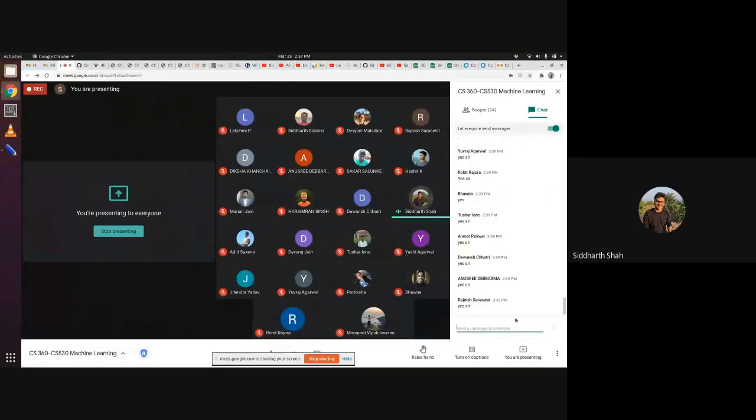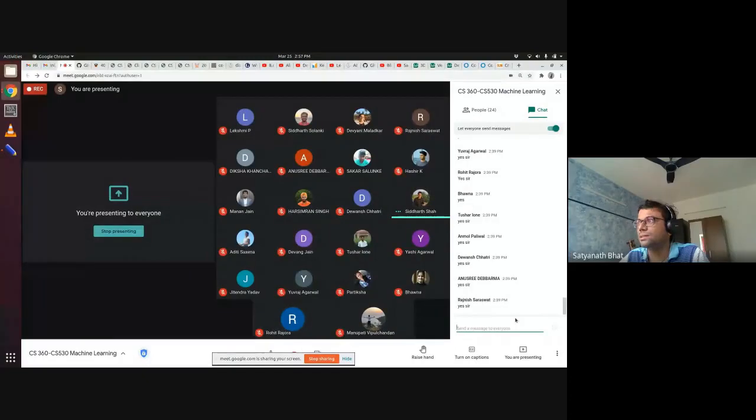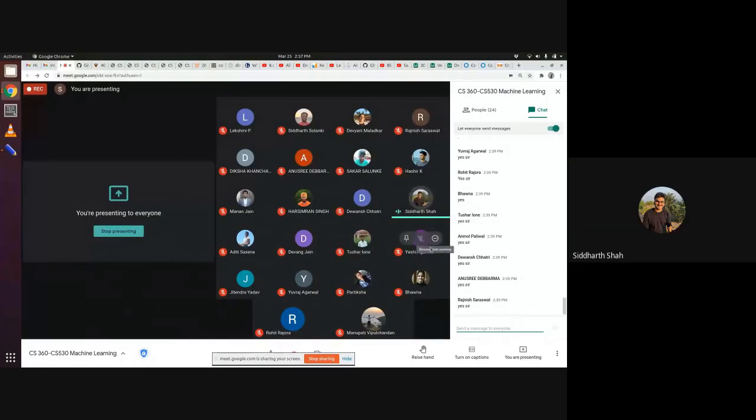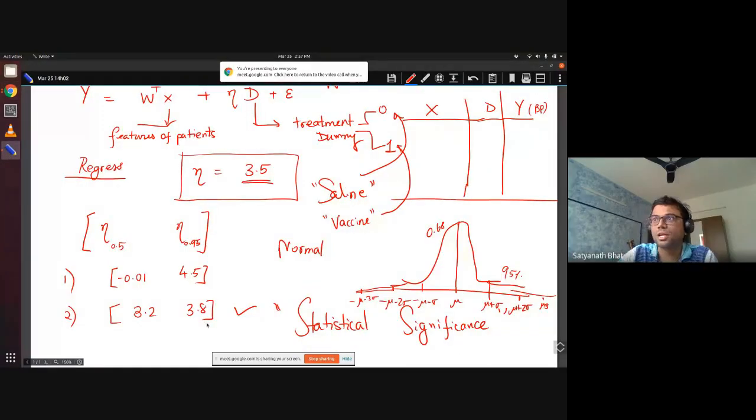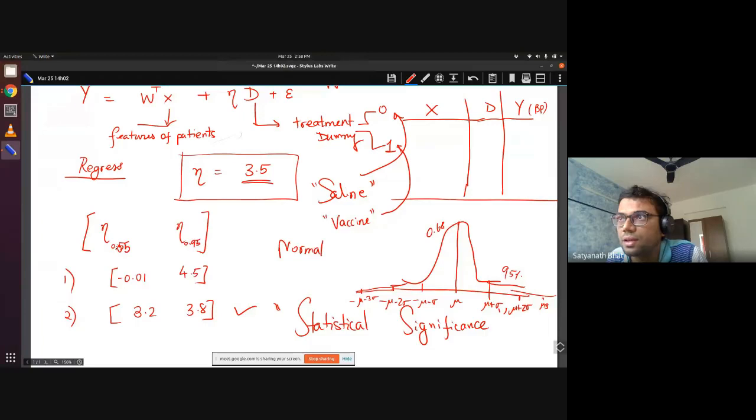Sir, I have a doubt. Yes, Siddharth. Could you repeat what eta 0.5 and eta 0.95 meant? So it is not eta 0.5, I meant eta 0.05. Actually it is not even 0.05, it is 0.025 and 0.975.